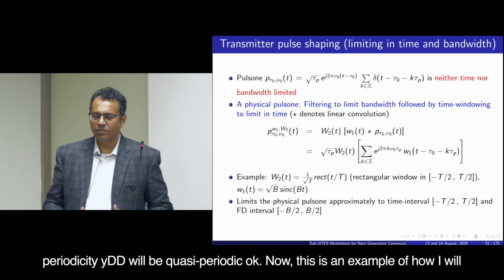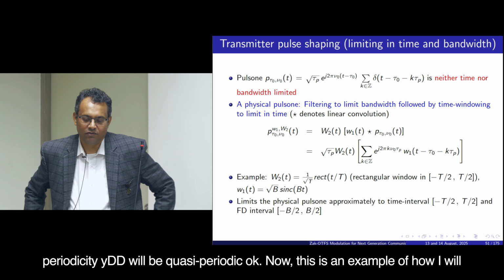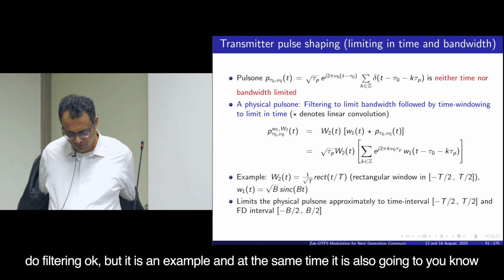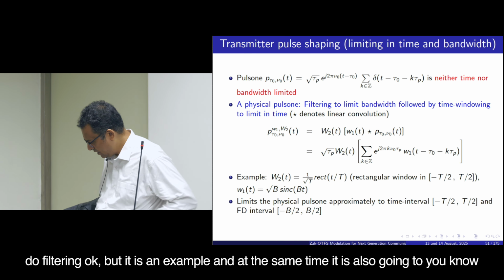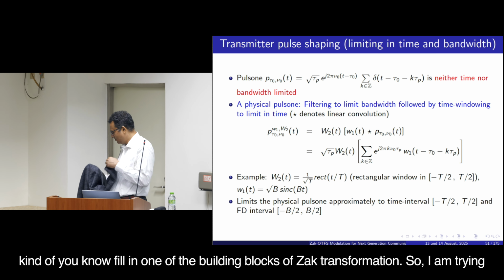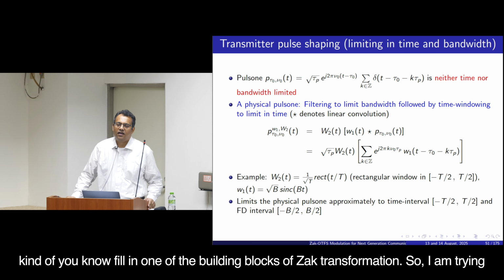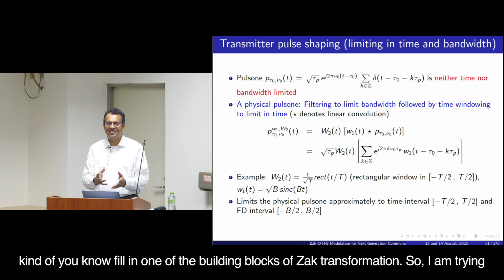Now this is an example of how I will do filtering, okay, but it's an example, and at the same time it's also going to fill in one of the building blocks of Zak OTFS modulation. So I am trying to do two things at the same time, okay.